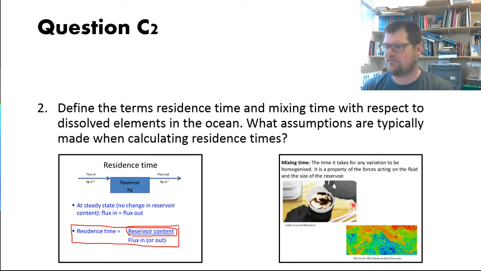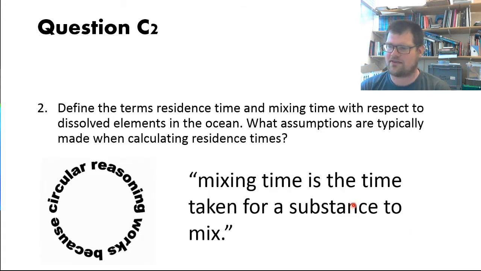Quite a lot of you said mixing time is the time for a substance to be mixed, which is kind of true, but you're using a definition that contains the word you're trying to define. It's like saying the colour blue is blue because it's blue. It would be much better to describe what it is without using what we call it.